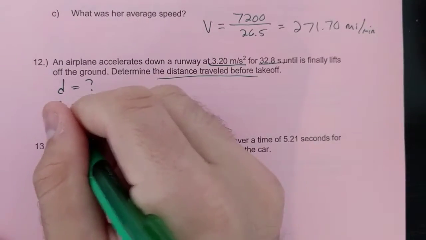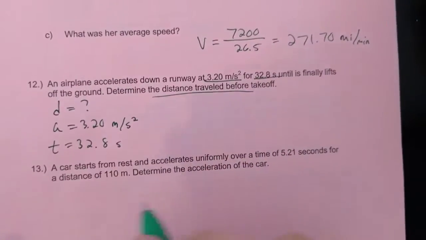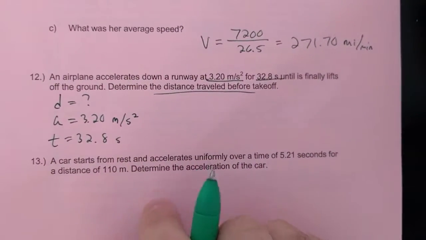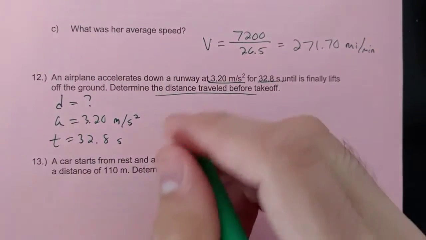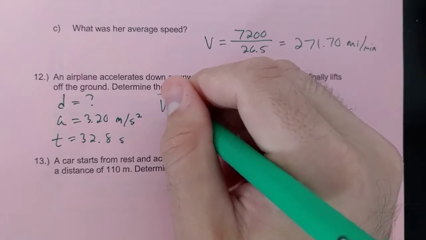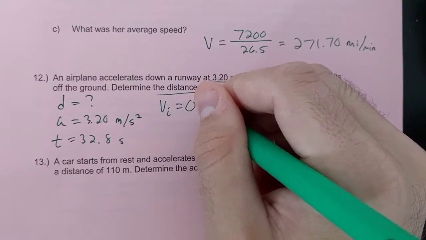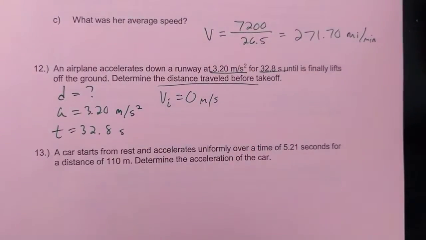And time is 32.8 seconds. There's one bit of information that's not given to you, but you have to infer it. If an airplane is accelerating down a runway, at some point it had to start doing that, and it started doing that at a velocity of 0 meters per second. So that wasn't stated in the problem, but you have to be able to infer that.